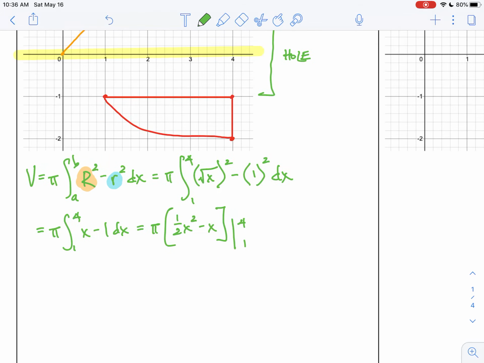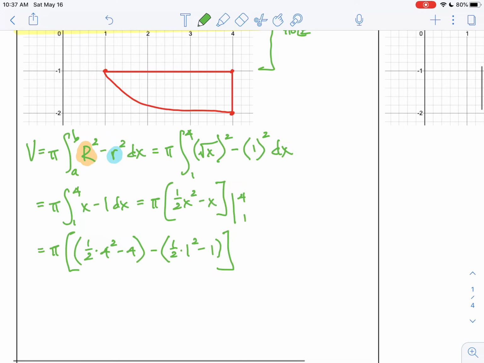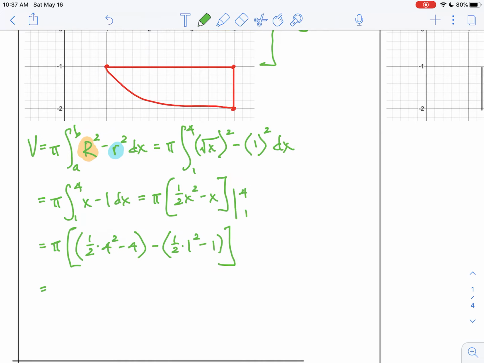All right, let's plug in our bounds. So I'm going to keep the pi way out in the front, and I'm going to have 1/2 times 4 squared minus 4 minus 1/2 times 1 squared minus 1. And let's see what happens when I simplify.